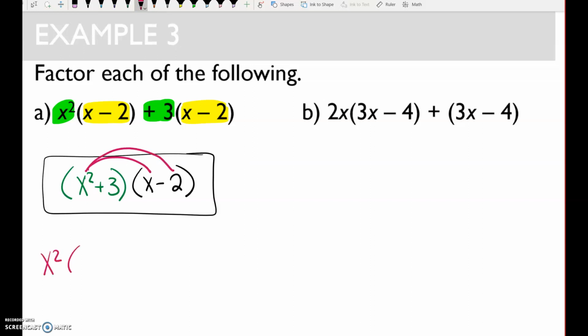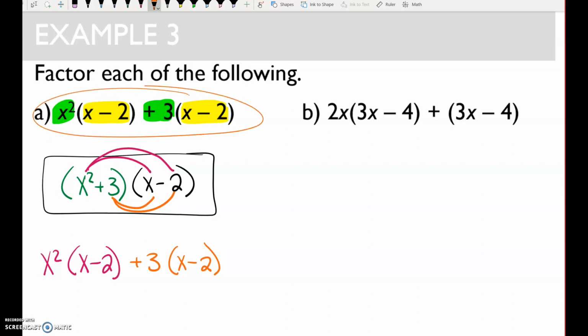So we would do x squared times both x and negative 2. Then we would do 3 times both of these. So we do 3 times the x and the minus 2. That is what we have written right up here. So that step is really the distributive property written out. It's the first thing times the second set of parentheses, the second term times the second set of parentheses. We're just collapsing that back down into the factored form.